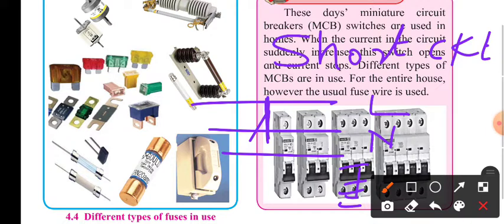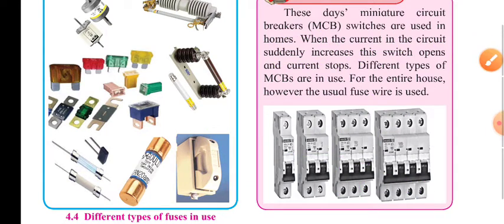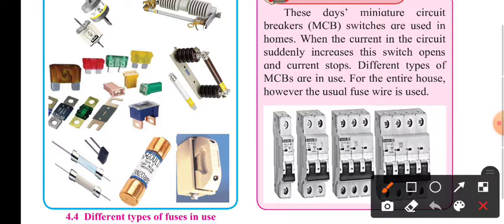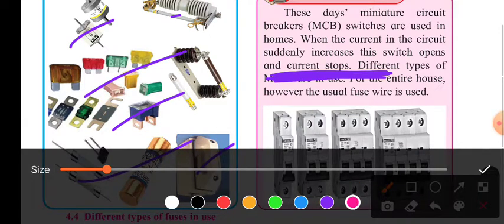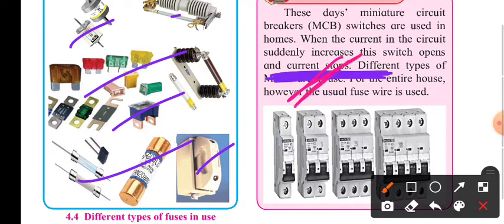So to avoid this kind of situation, we use different kinds of fuses. The wire used in the fuse has a lower melting point than the conductor. So when more electric current is passing through it, this wire melts before the loss in the conducting wires or the electrical wires.